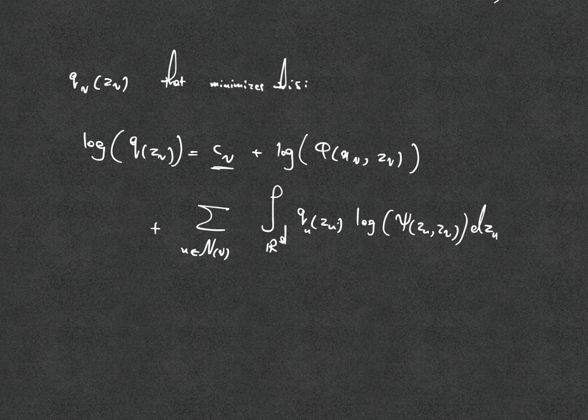See here, CV is going to be a constant value and it doesn't depend on ZV in any sense. In practice, we're going to have a random guess and use this fixed point equation as a recursive function and try to iteratively compute this.